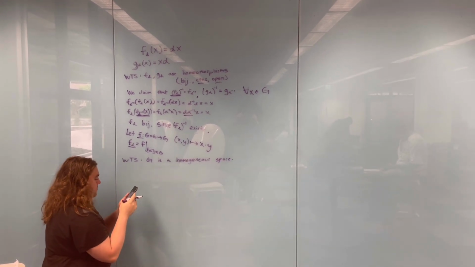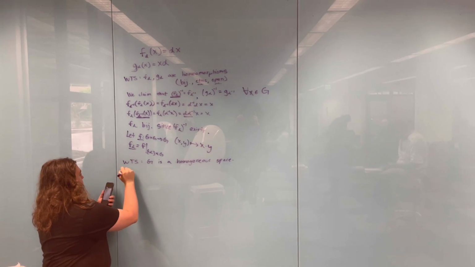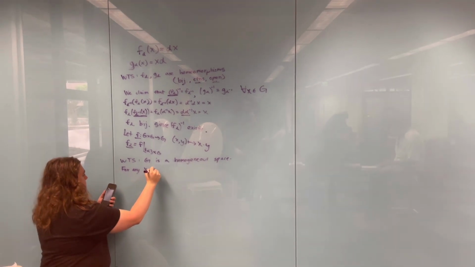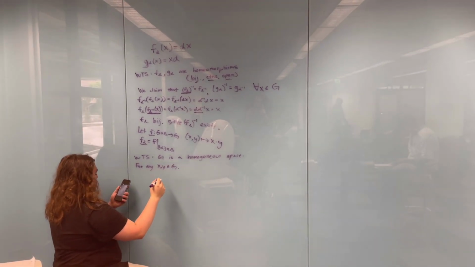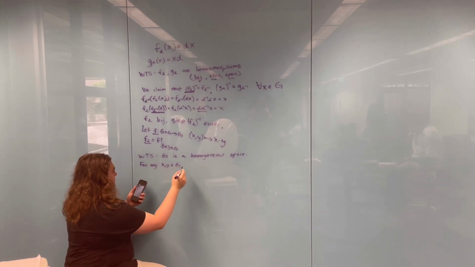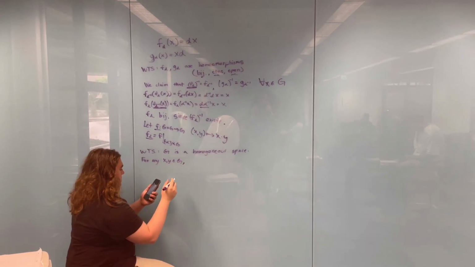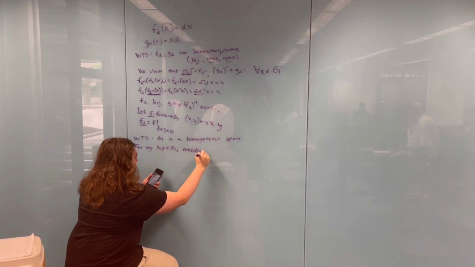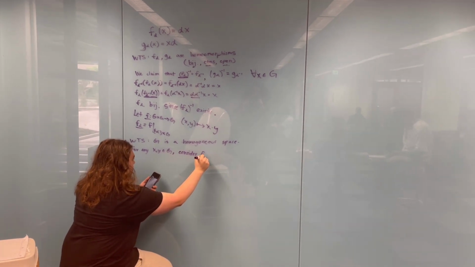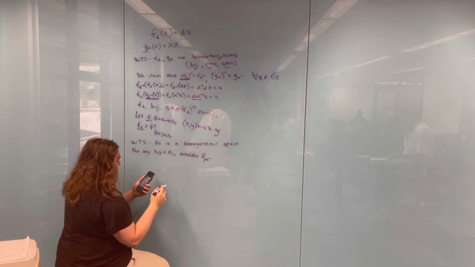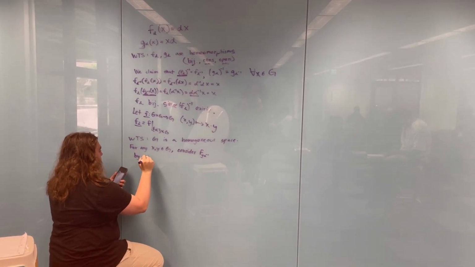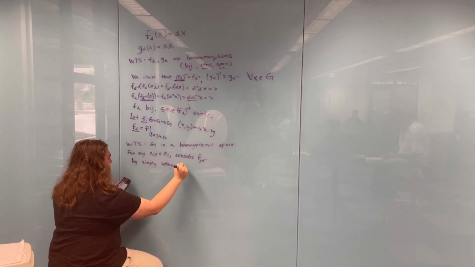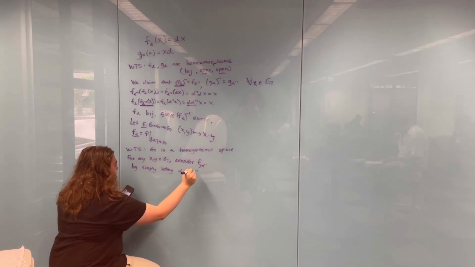Okay. So, we'll begin by considering any x, y in G. For any x, y in G, we will consider f of y x negative 1, by simply letting alpha equal y x negative 1.